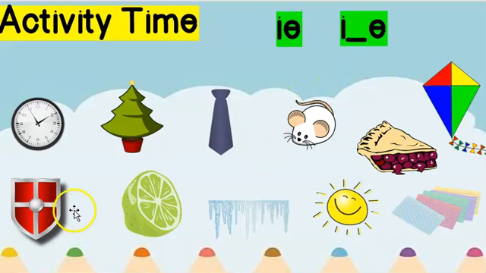And as you can see, I have distractors. So shield, that is a distractor because we know that that would make an E sound rather than I using this variation. And we have some more distractors, guys. So that's basically what we do for activity time.